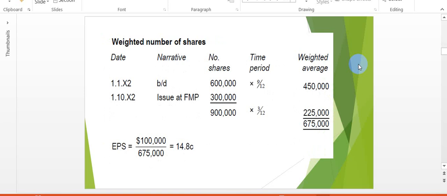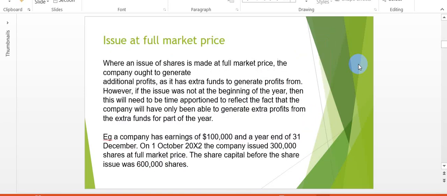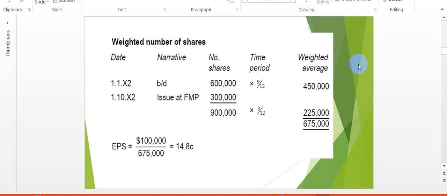Since our year end is December, it means the beginning of the year will be 1st January. So we'll count from 1st January up to the date when the new shares were issued. So we've got 9 months.